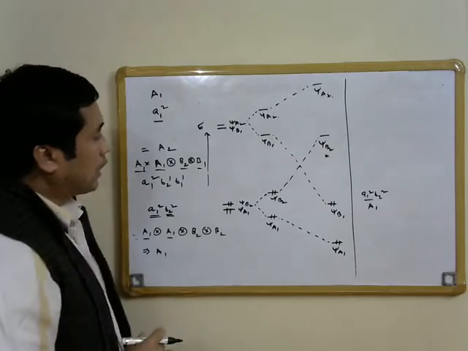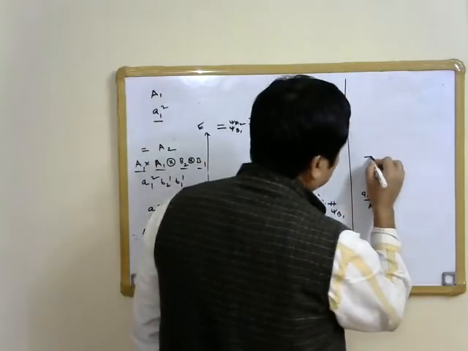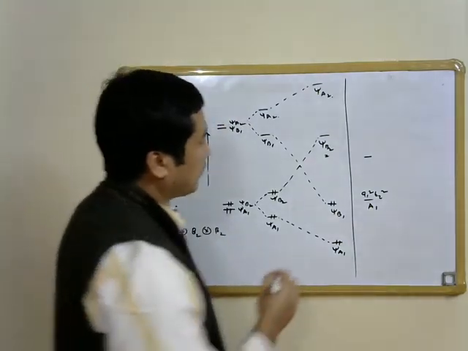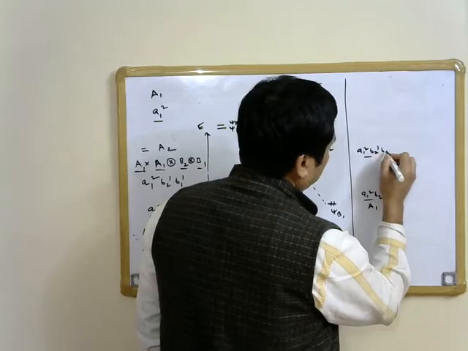So this direct product is equal to A2. The first excited state of the reacting system, with the configuration A1 2, B2 1, and B1 1, has A2 symmetry.